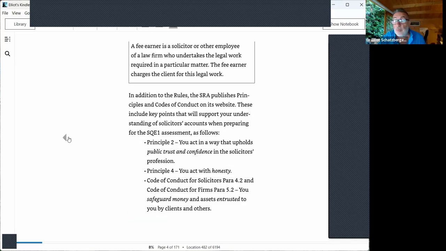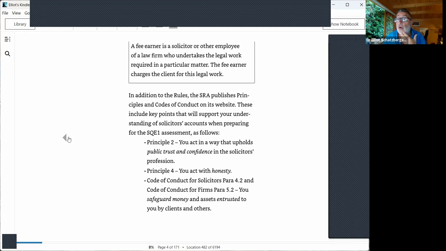So for example, you may well get a multiple choice question based on these principles. Let's say that you get principle 2, principle 4, 4.2, 5.2, all of those are listed. But one principle is missing, okay?